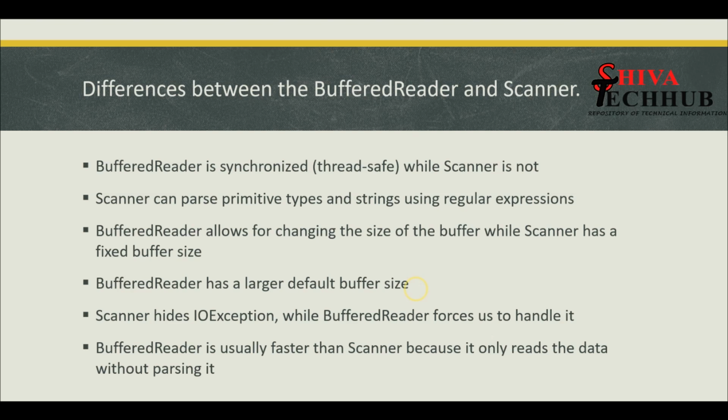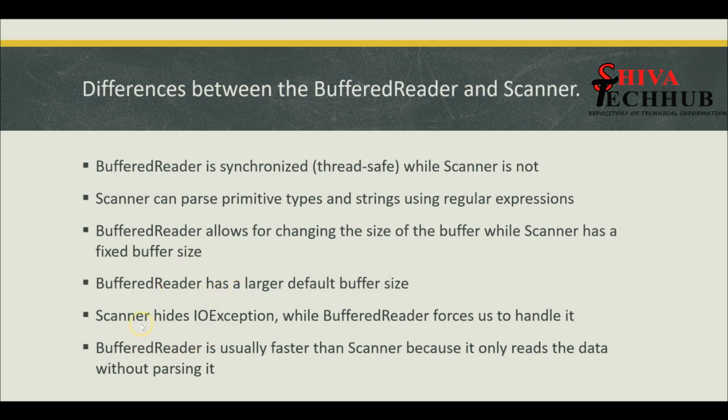When it comes to Scanner, it has a small buffer size, which is enough to store the content of that particular input. So Scanner is used whenever you want to specify the correct buffer size. BufferedReader has a buffer size more than what is required to store an input. So that is one difference.